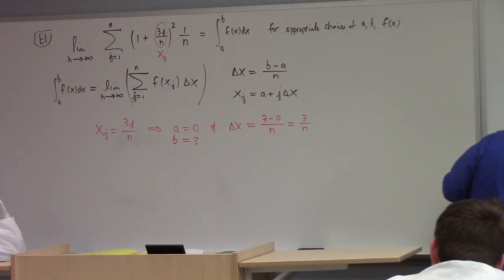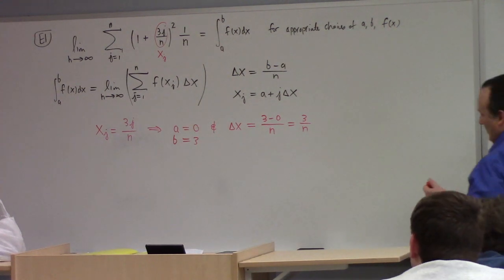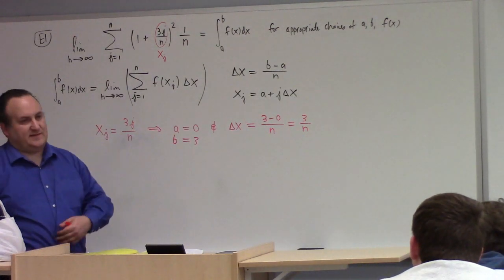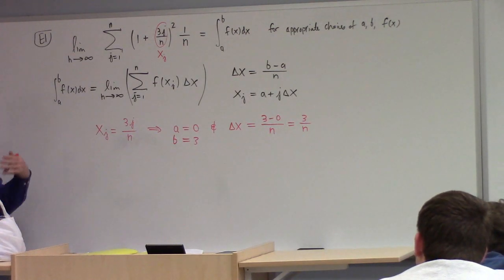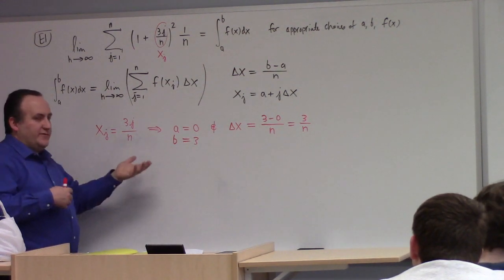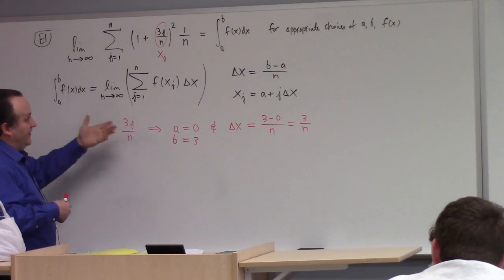Now, listen, you have to make a bunch of guesses all at once. I'm not saying any one of these guesses stands on their own. It's like all together a package deal. All right. So once I say my delta x is 3 over n, and so my x sub j is 3 times delta x, which is 3j over n, right?